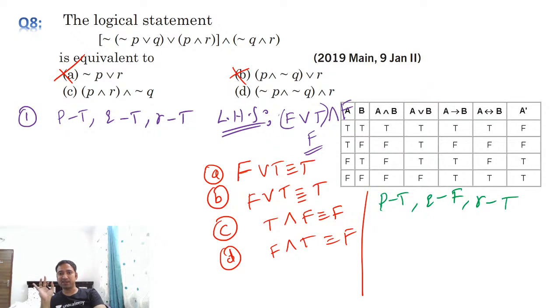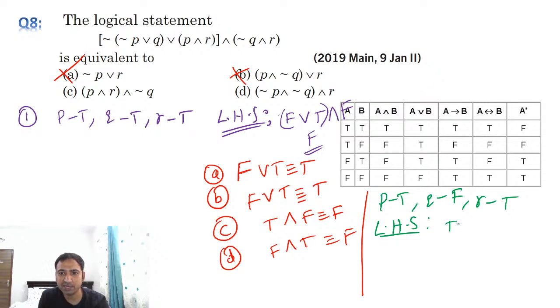Yes, now let's verify it, guys. Let's calculate the left hand side. The left hand side is negation of P or Q. That is false or false. False or false is false only.